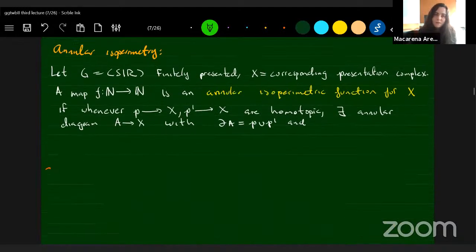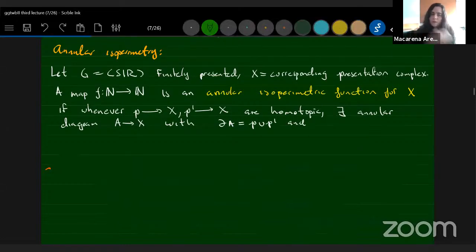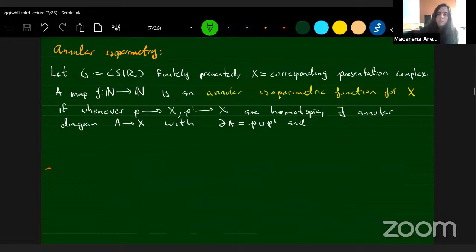Okay, and we can define an analogous notion to the one of isoperimetry. For the case of the word problem, we have a way to quantify the conjugacy problem, and the definition is as follows.